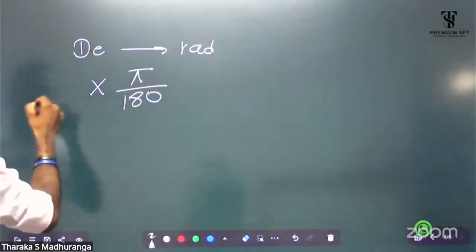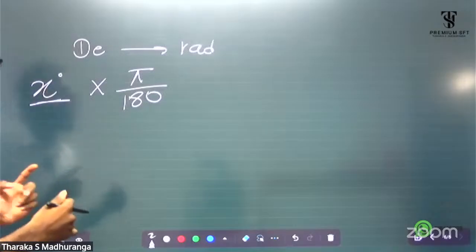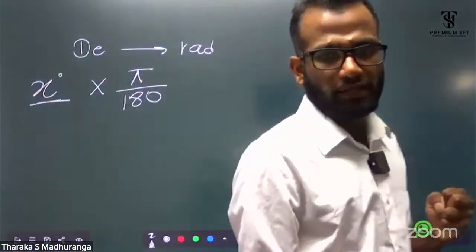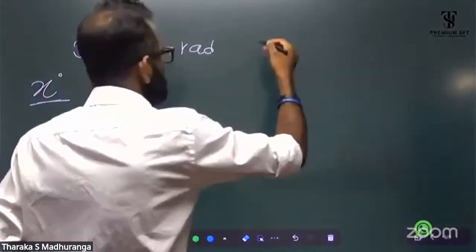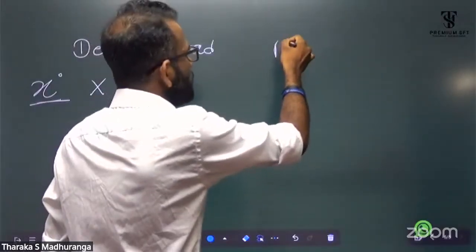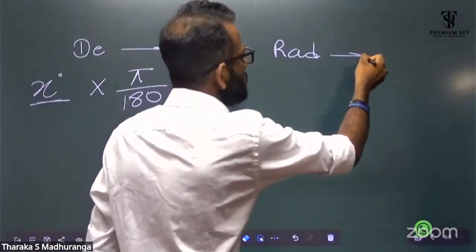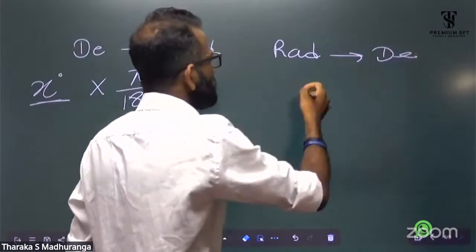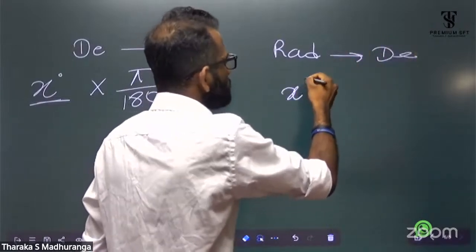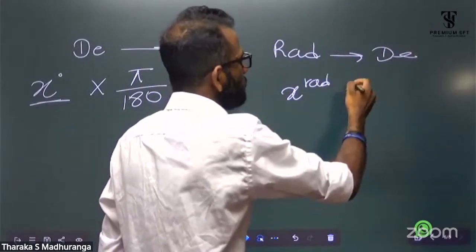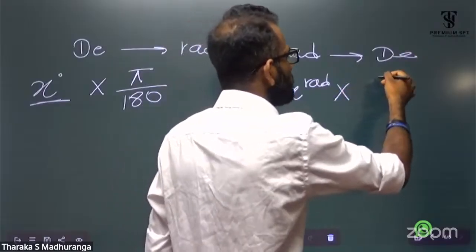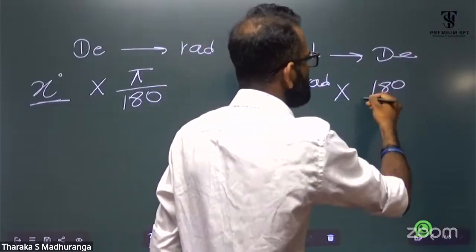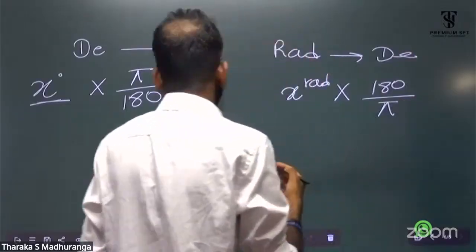Any degree value, whatever x degree value, multiply with π over 180. Conversely, any radian value, to convert into degree, what's the method? X radian, whatever radian value, multiply with 180 over π.